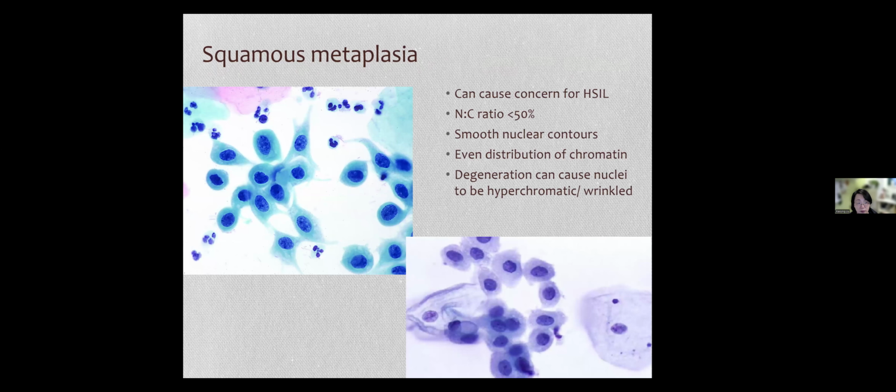So this is squamous metaplasia. It can give you a little bit of hyperchromasia and can have a slightly irregular nuclear contour. But you can see this pattern, the chromatin is not chunky or coarse, it is very evenly distributed chromatin.